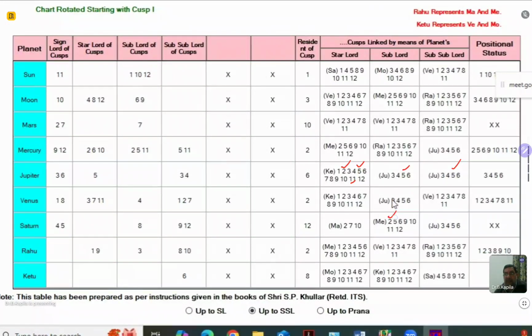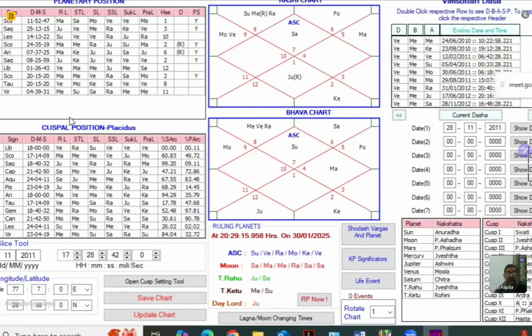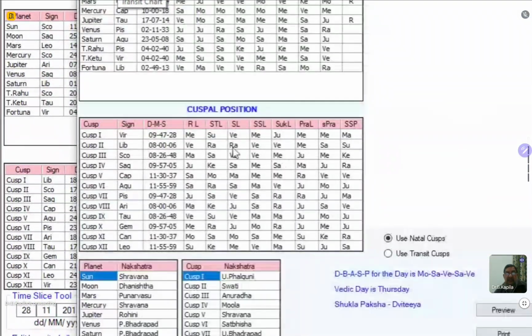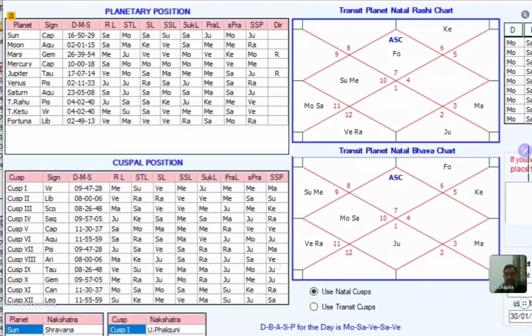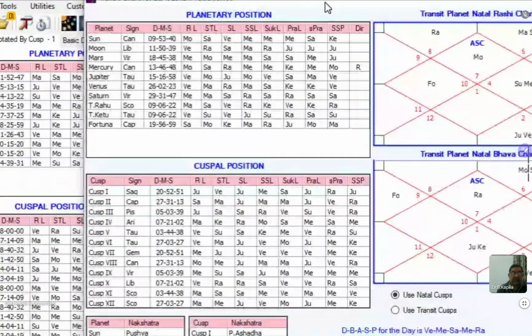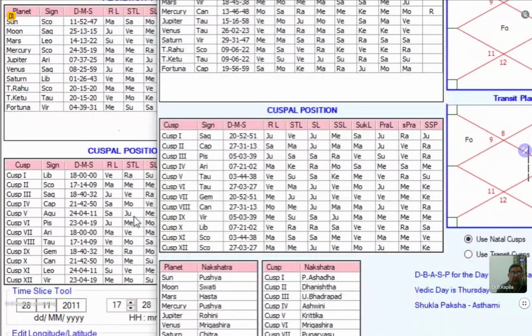At the sub level, at the commitment level, Saturn is in the sub of Mercury and Jupiter is in the sub of Jupiter. So Mercury is stronger as compared to Jupiter, and that is why Saturn is stronger. If Saturn is stronger, it means that the childbirth will not happen as long as the Sagittarius sign is there, though Jupiter is appearing as the co-ruler of the fifth cusp.